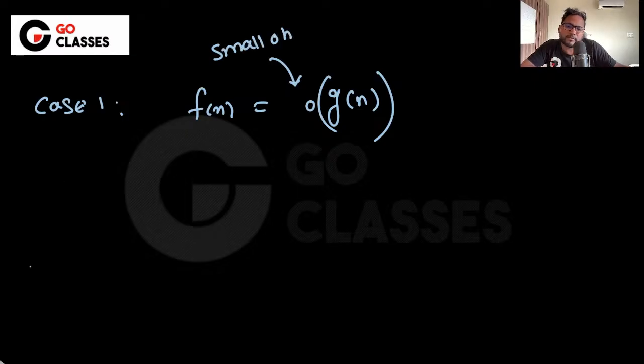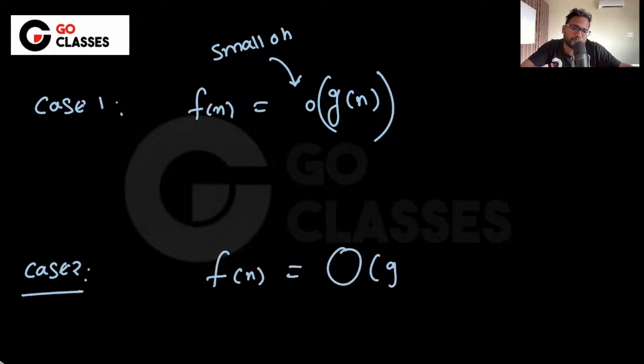This is case one. Case two is that suppose they are related by big O. Given that they're related by big O, then what can you say after taking the log, log of fn and big O, or the power? So let's just talk about it.